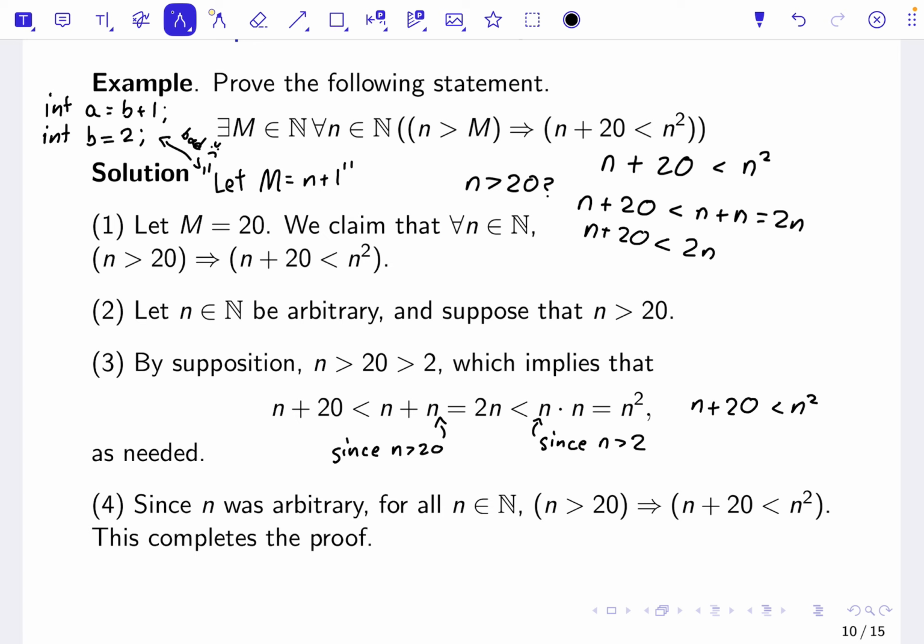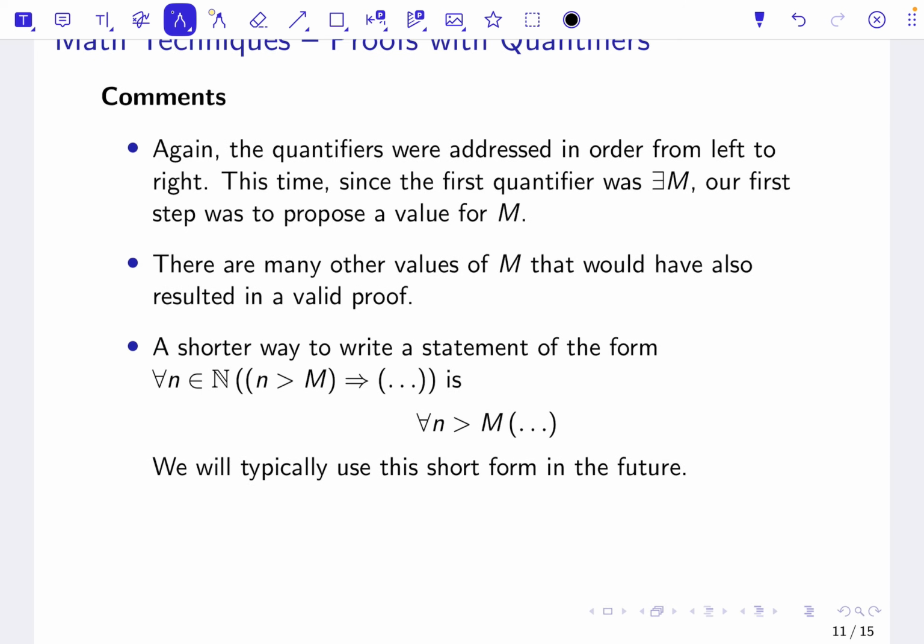Putting quotation marks around this just to make it clear that I'm not actually making this part of an example. I'm writing m equals n plus 1 and shaking my head the whole time so you know that I know that it's wrong. Yep, there are other values for m that can work.